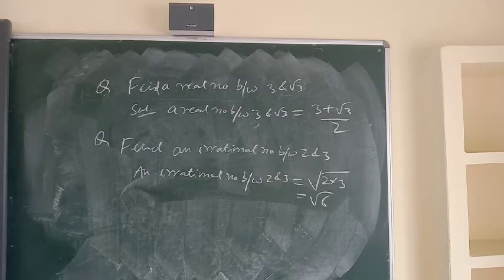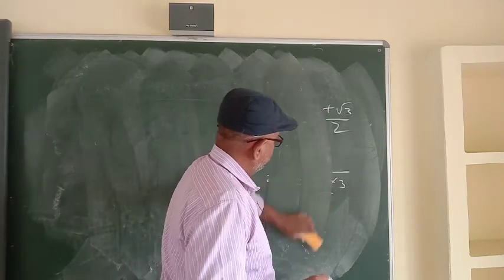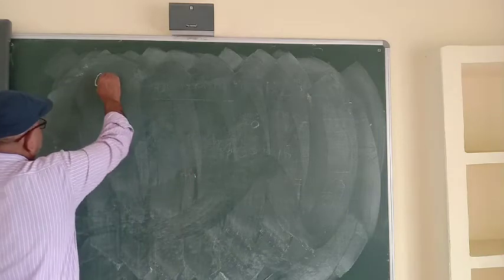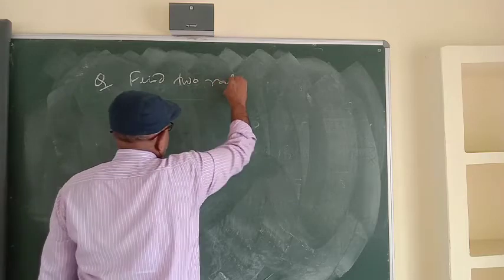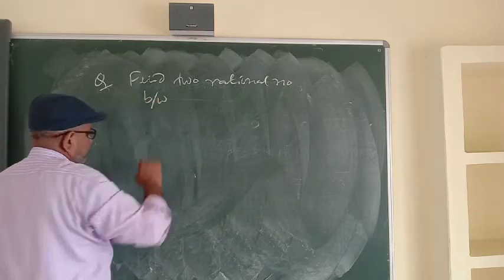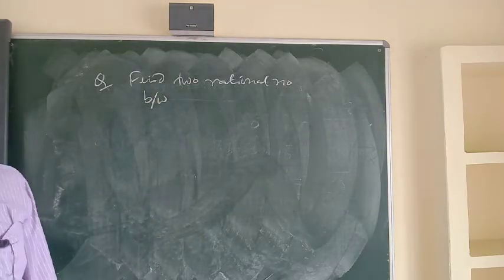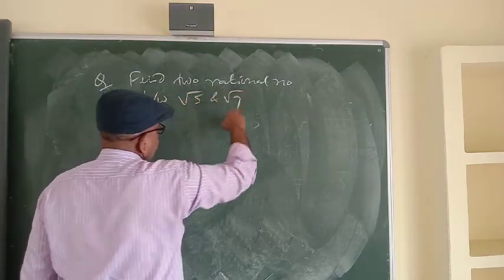Let us take one more question. Find two rational numbers between the pair of irrational numbers root 5 and root 7.